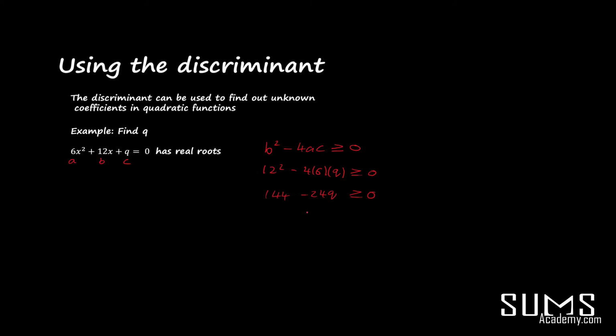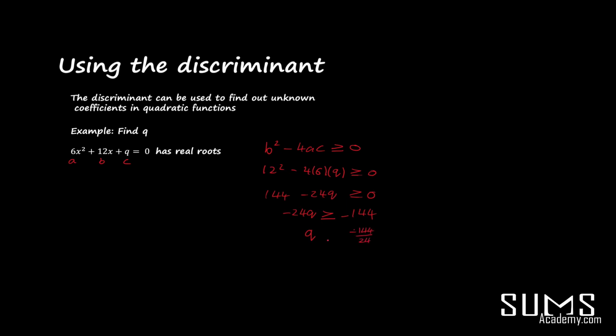So what's going to happen here? We can move the 144 over, so minus 24q is greater than or equal to minus 144. We're going to divide by this negative 24, so q becomes negative 144 over 24.